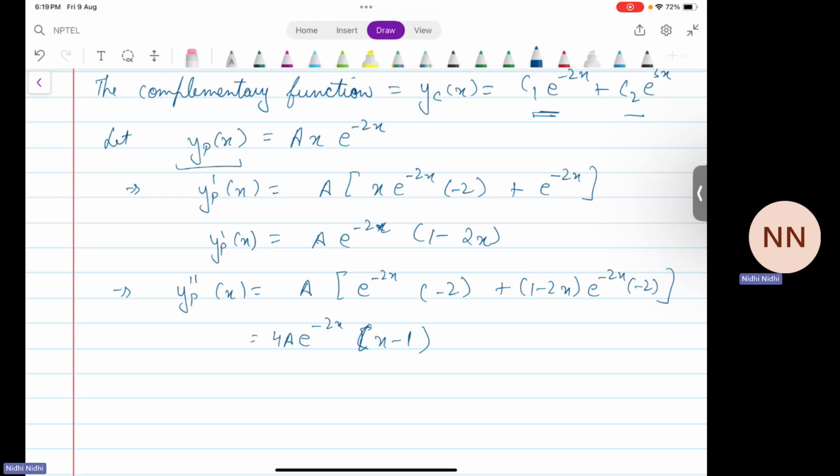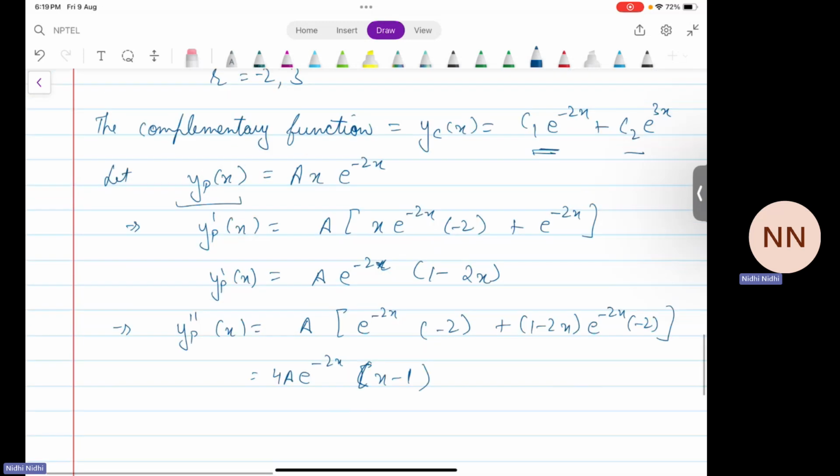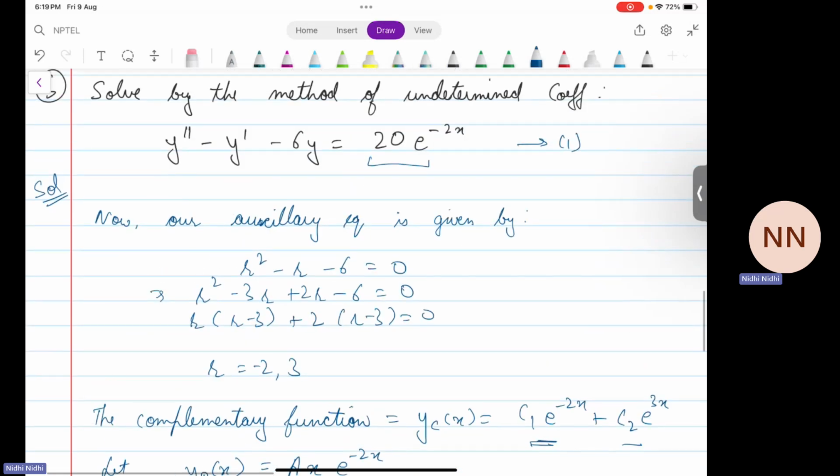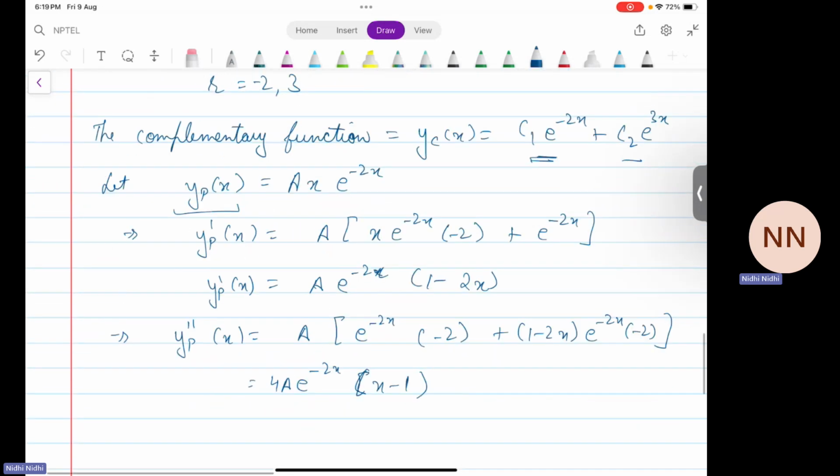So now let's put the values of y_p double dash, y_p dash, and y_p on the left hand side of the equation, and see how we get the right hand side. That means it should be equal to 20 e to the power minus 2x.